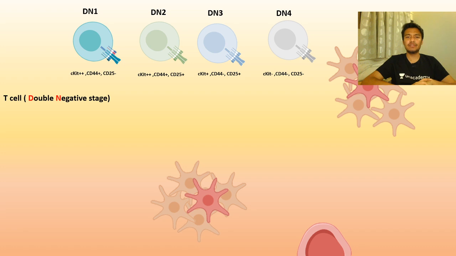But how are these stages different from each other? As the very immature T cell progresses along its growth phase, these double negative stages are also changing. Their surface marker expression is changing. So based on what type of surface molecules are expressed in these cell types, they are categorized differently.